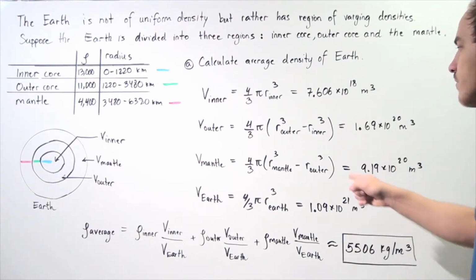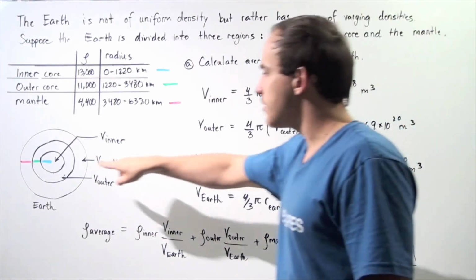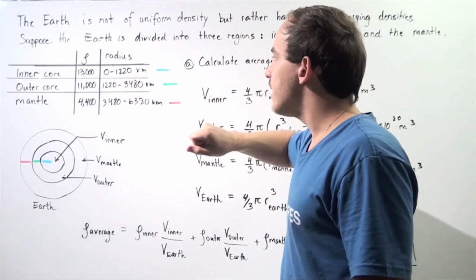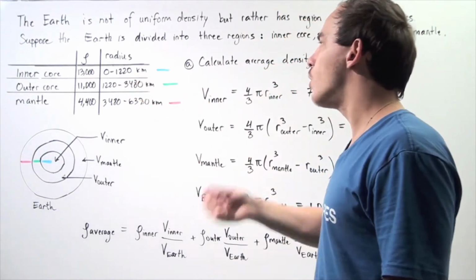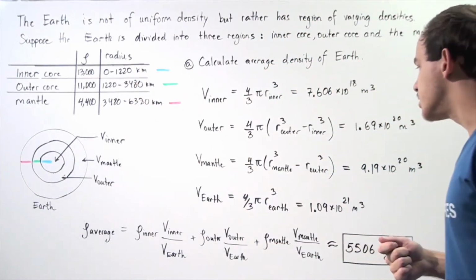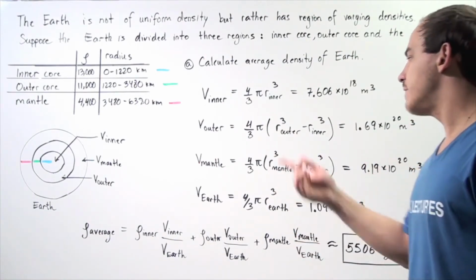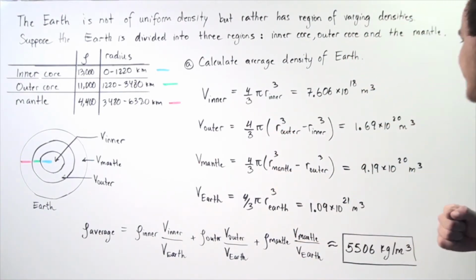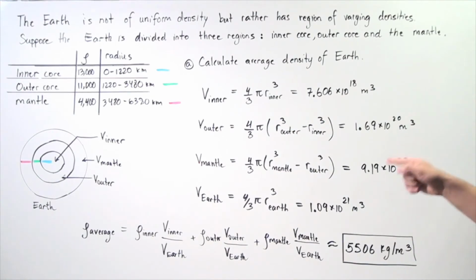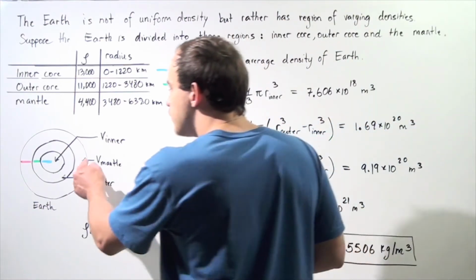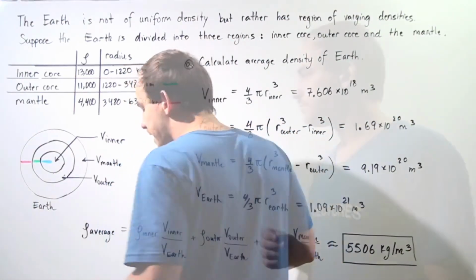And the radius of the outer region, this region, is 3,480 kilometers multiplied by 1,000. So we cube those values, take the difference, multiply by 4/3 pi, and we get a volume of 9.19 times 10 to the 20 meters cubed is the volume of this mantle region.